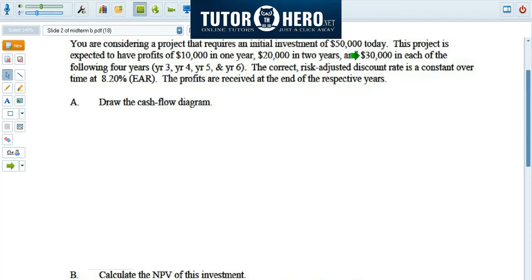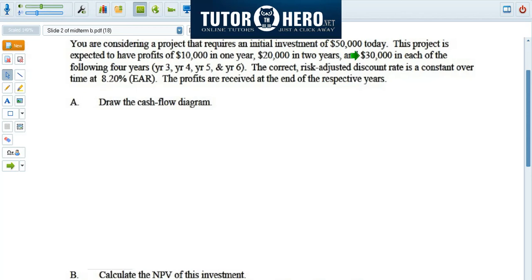We're also told that the correct discount rate, adjusted for risk for this investment, is constant over the time frame, and it's 8.2%. They also tell us that the profits are going to be received at the end of each year. That's just a way to simplify the problem so we don't have to worry about adjusting for half years or anything.